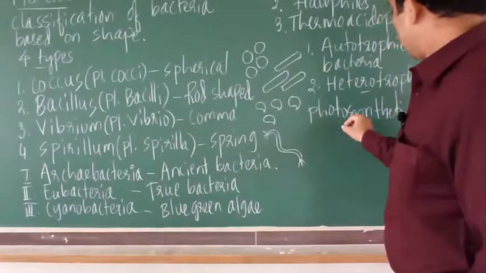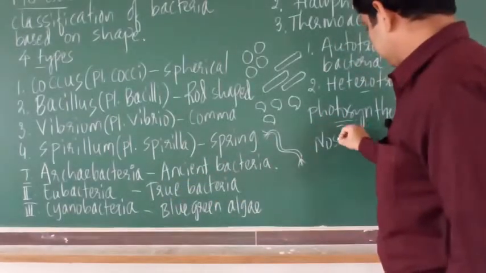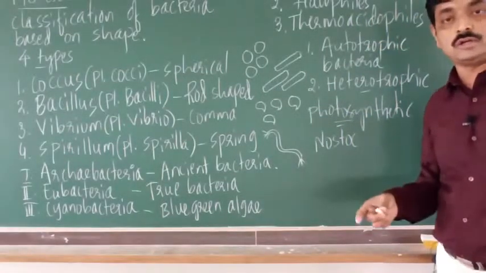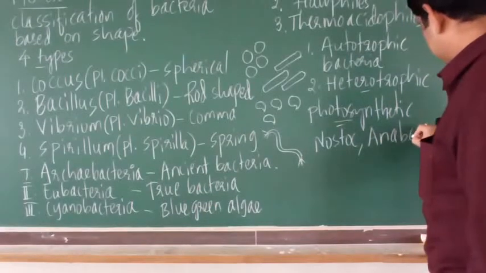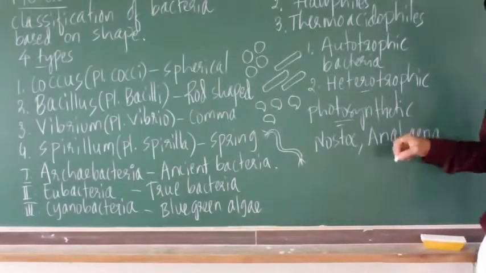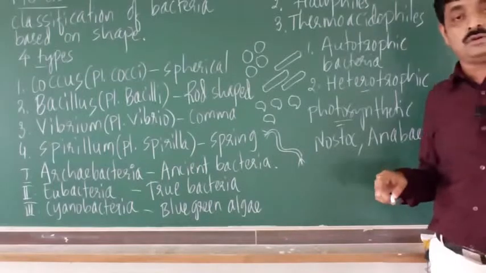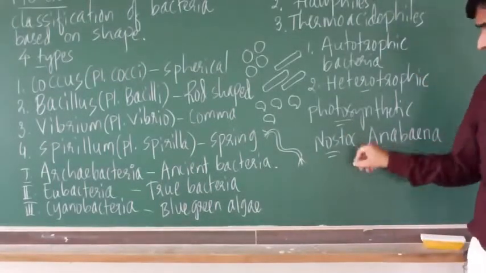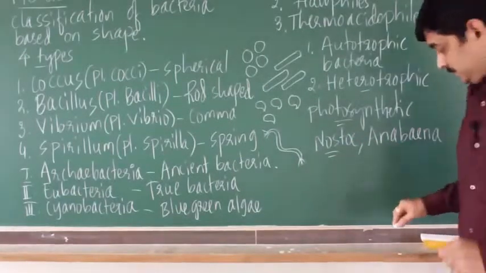The examples of cyanobacteria: one example is Nostoc, another example is Anabaena. So these are cyanobacteria which can synthesize their food by photosynthesis. So in brief, we shall consider the structure of Nostoc, right?